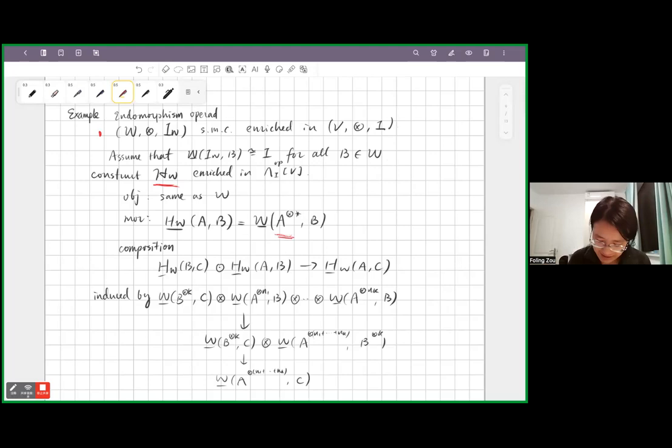And the composition here is just what you would do for an endomorphism operad.